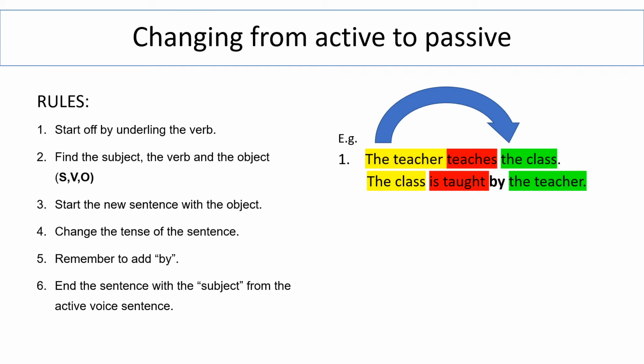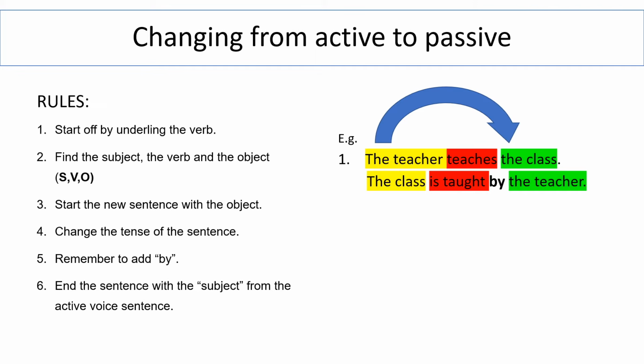Let's look at an example. Number 1, the teacher teaches the class. Let's start with our steps. Step 1, underline the verb. The verb in the active sentence is teaches. Now, step 2, find the subject, verb, and the object.